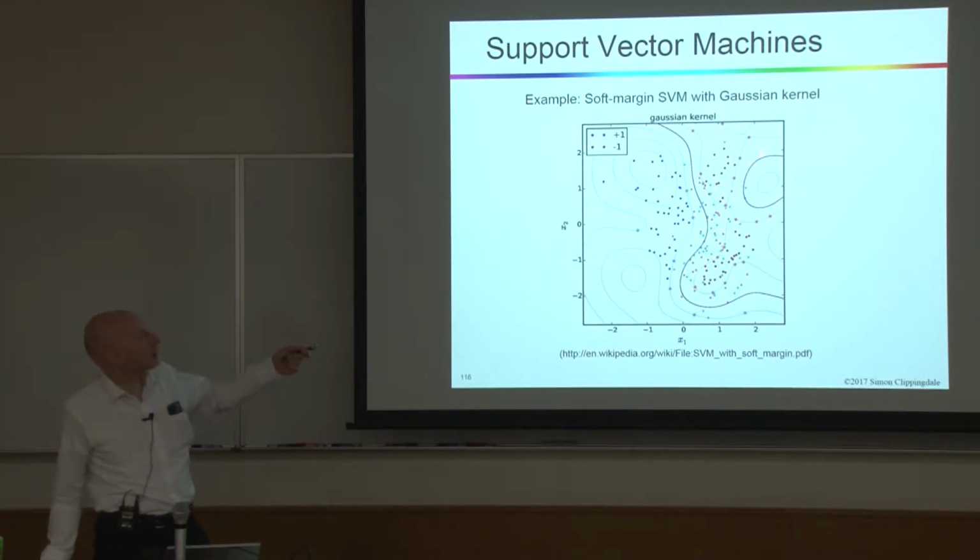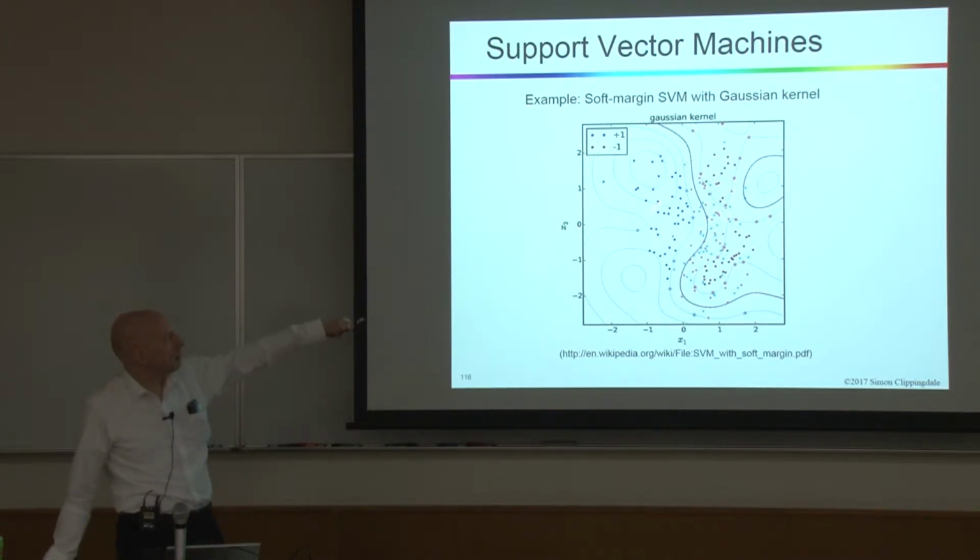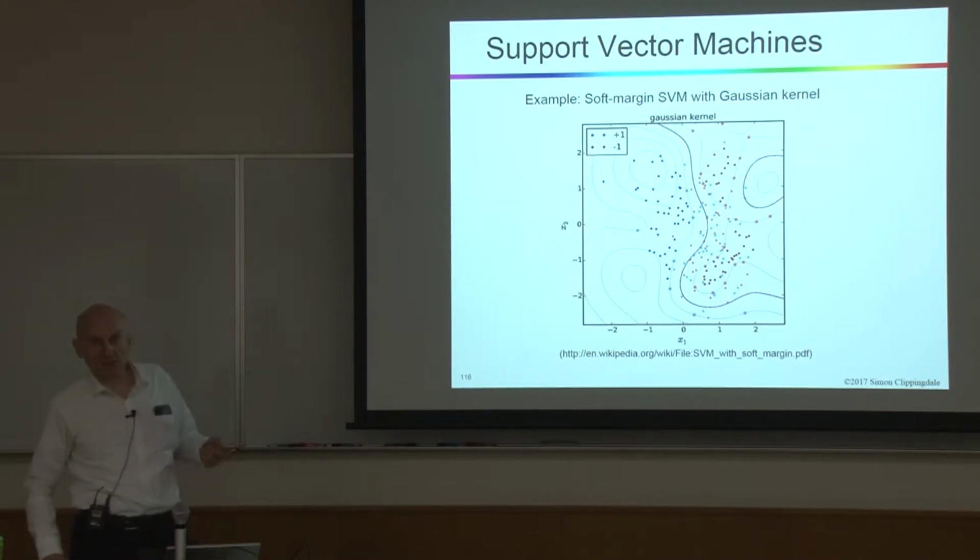The support vectors have these grey rings around them, and you can see there are some dark blue and dark red data which are inside the margins and correctly classified. Then there are some light blue and light red, kind of pink data points here, which are within the margin, and they may even be wrongly classified.